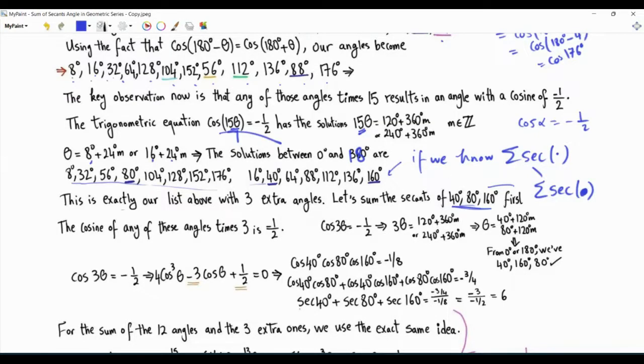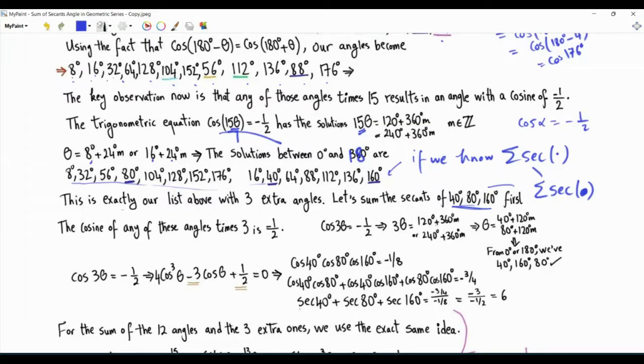So those angles come from solving the trigonometric equation cosine 3 theta is equal to -1/2. And so 3 theta is 120 degrees plus integer multiples of 360 degrees, or 240 degrees plus integer multiples of 360 degrees.